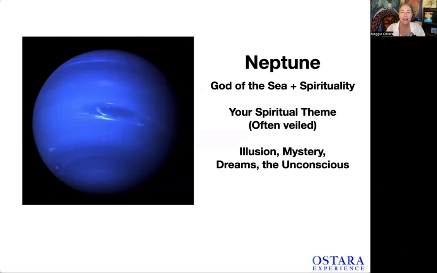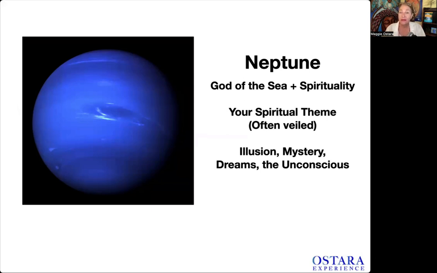We don't really associate it the same way with emotions, maybe, as we do with Cancer, but definitely Pisces is emotional. Neptune is the unconscious, and it's watery, and it's associated with mystery and with dreams, which come from the unconscious. And also sometimes illusion. Things are not always what they seem. Sometimes we cast illusions and we receive illusions.